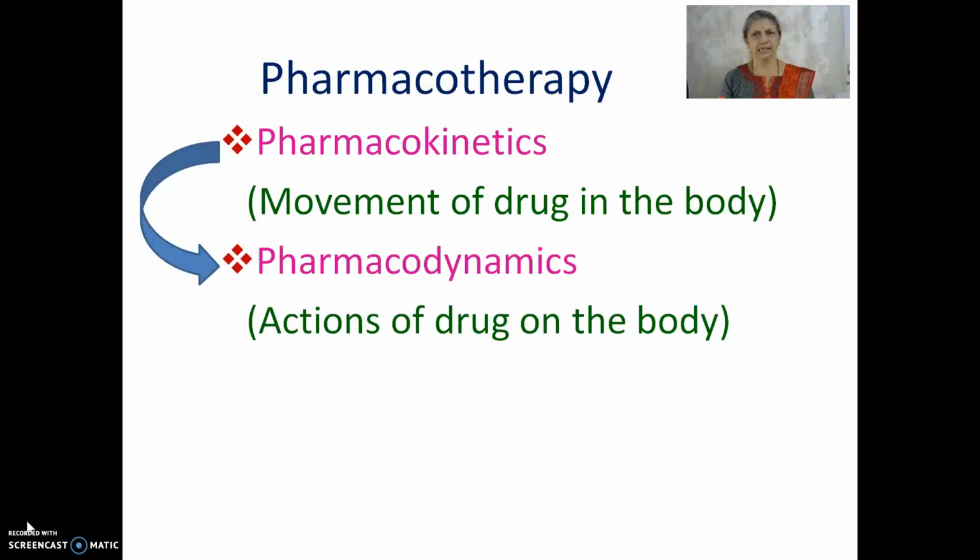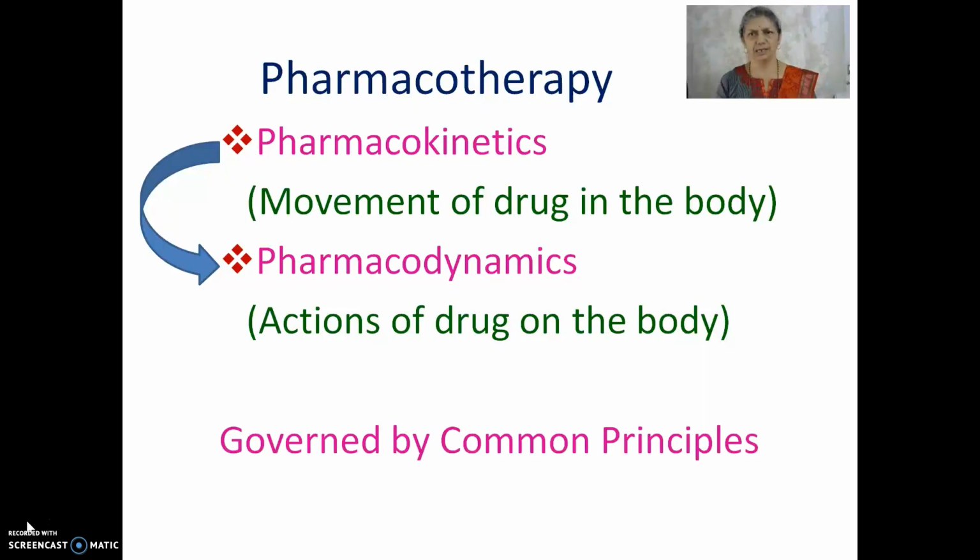We also saw that kinetics decides the dynamics, because unless the drug is able to reach its site of action, it cannot show us the desired effects. So dopamine is useless to a Parkinsonism patient, even if you give it intravenously, because it just does not reach the site where dopamine deficiency is to be replenished.